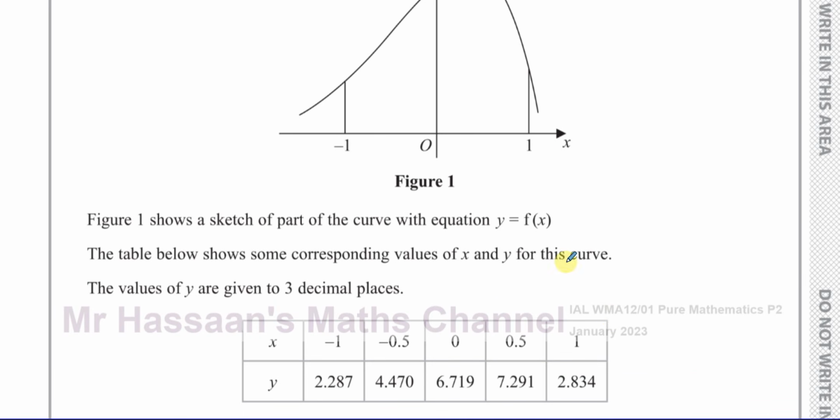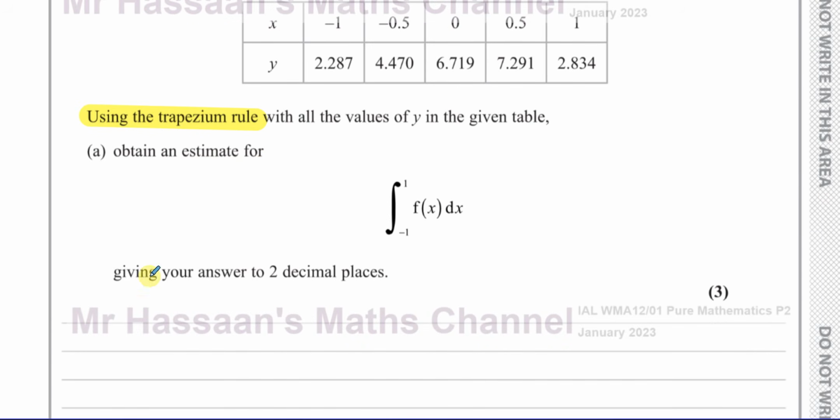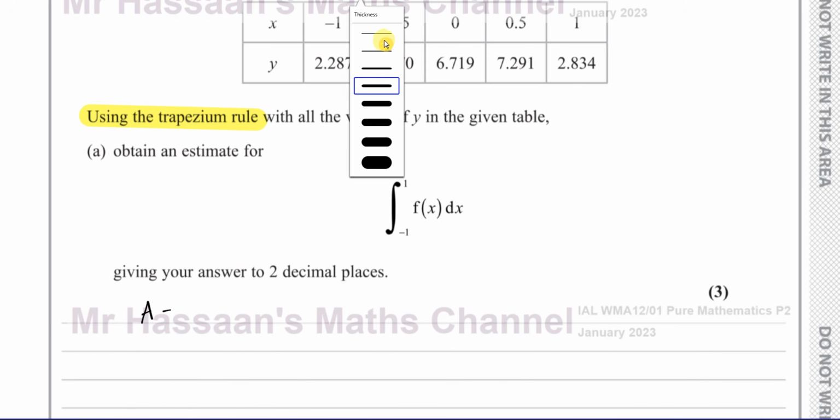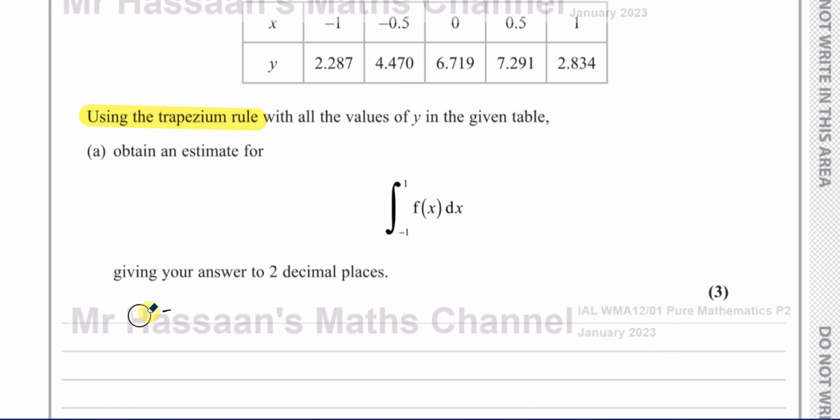All right. Now one of the most common mistakes that people make when they use the trapezium rule is they just think about the formula. So they have the formula, it's in the formula book, and the formula is as follows. The area is equal to h over 2 times, and then you have y0 plus 2 times y1 plus y2 plus y3 until you get y to the power of n minus 1, and the last one is yn.